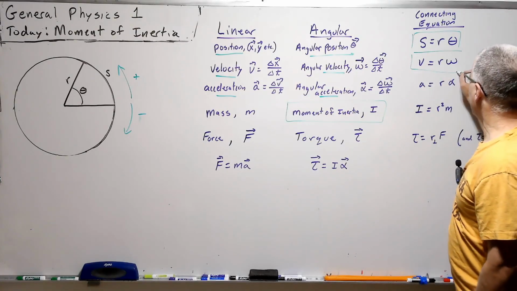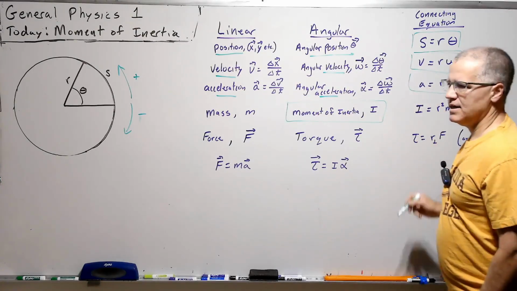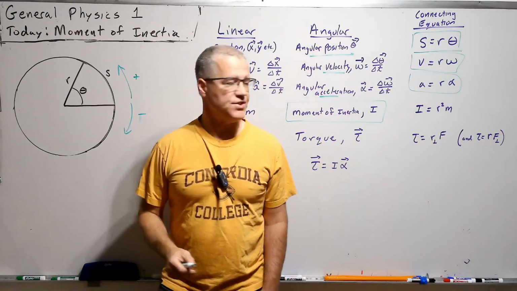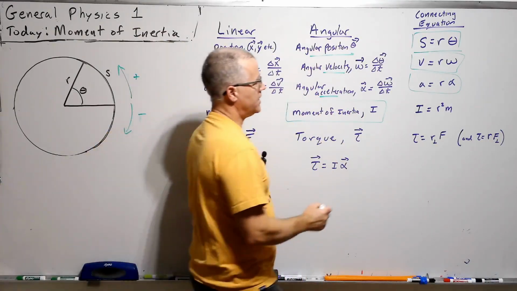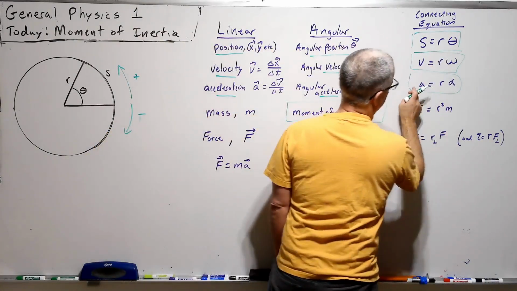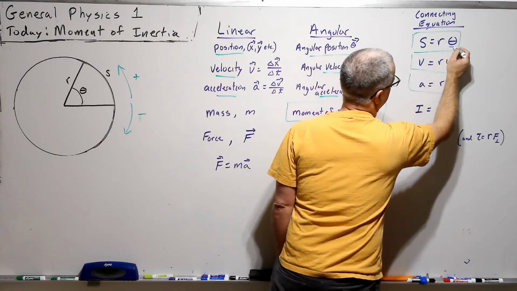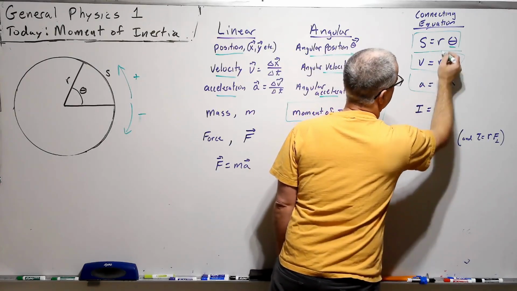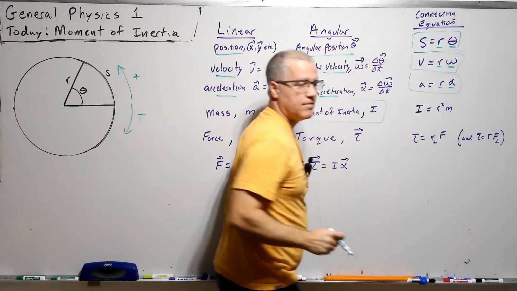And again, we have our connecting equations here, and notice the commonality. The angular piece is leveraged by the radius.